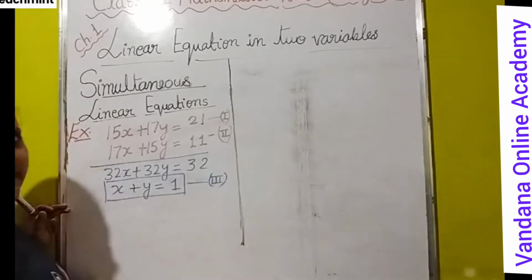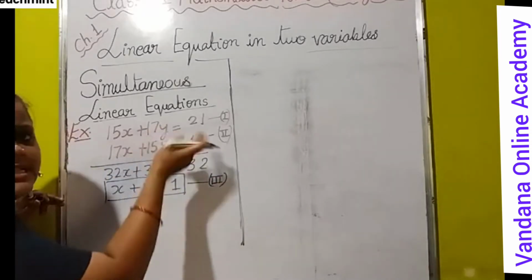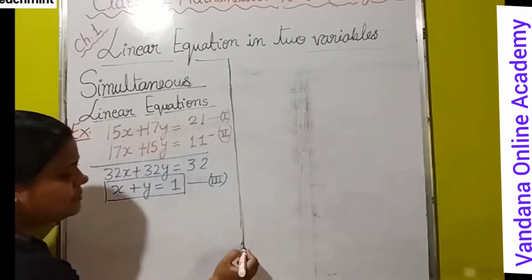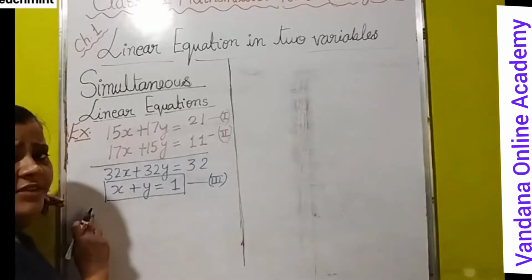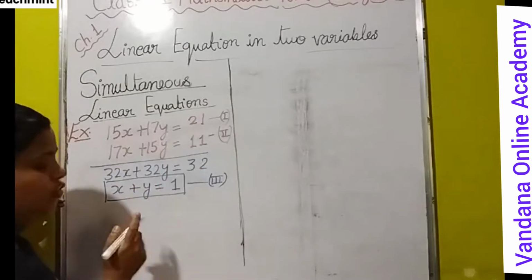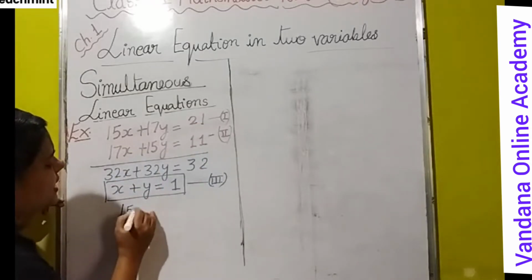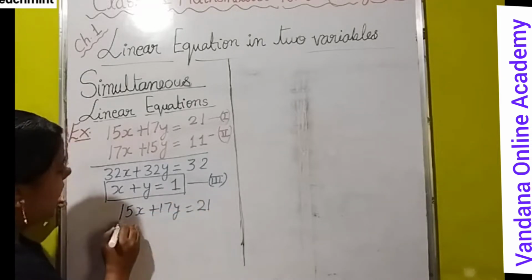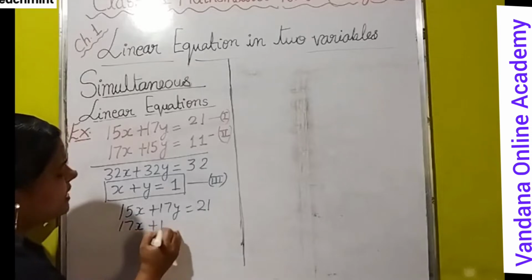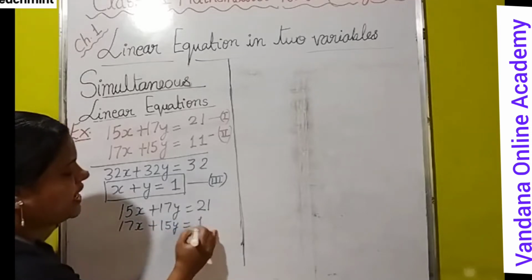Okay. Now what will we do? We will subtract. I have less space, so you have to write the statement here: after subtracting equations 1 and 2. What do we get? How are we going to subtract? See, 15x plus 17y equals 21 and 17x plus 15y equals 11.